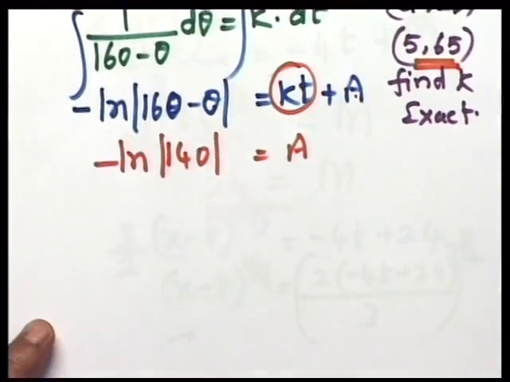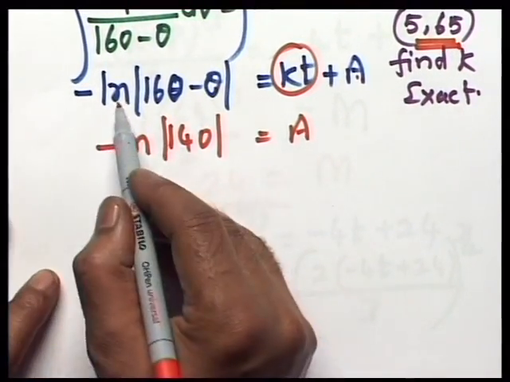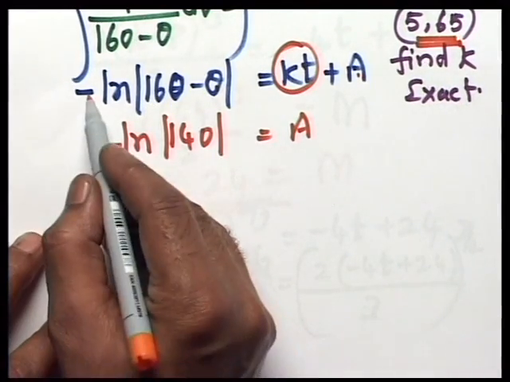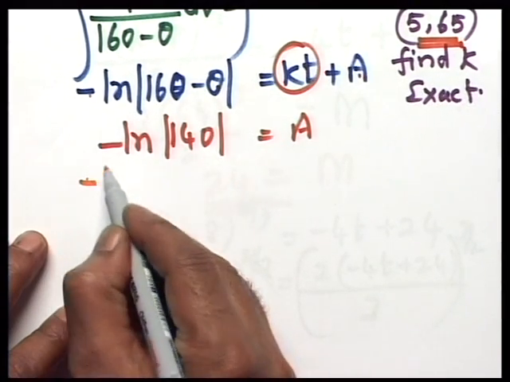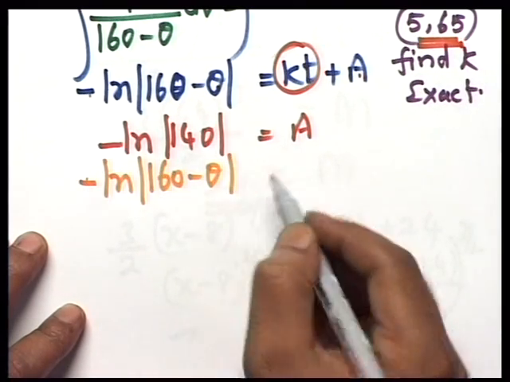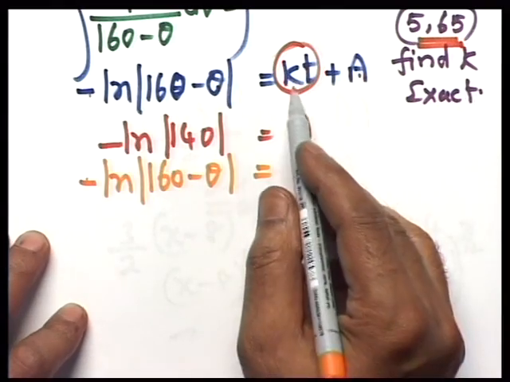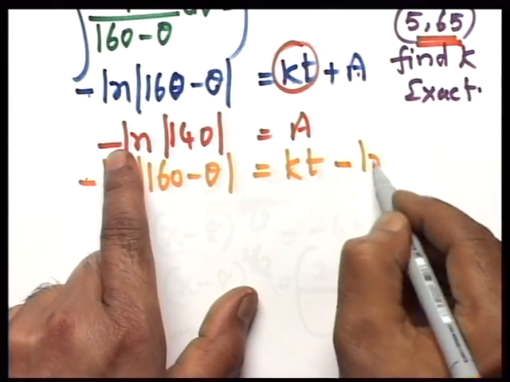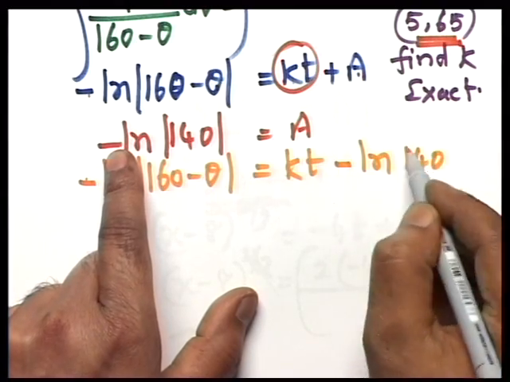Okay, so let's go back to the same equation now, which I have as minus ln, let's do it slowly, minus ln(160 minus θ) equals kt, and a is minus ln 140. Very important, right?